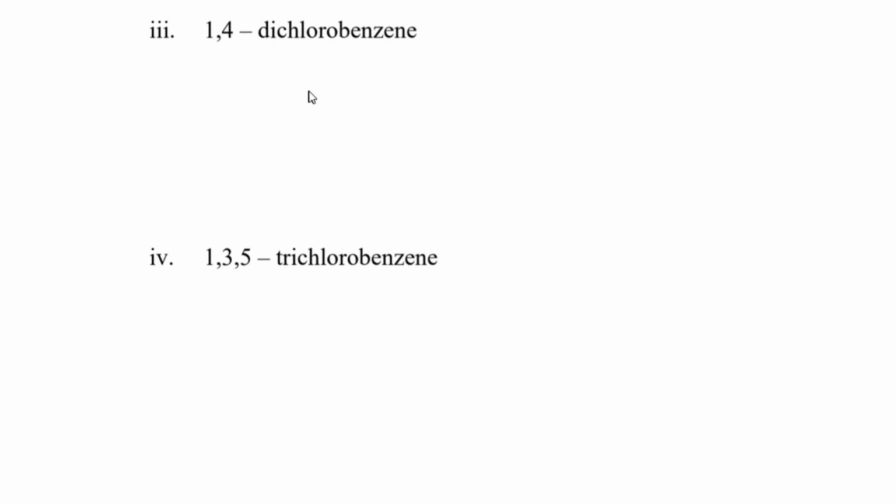Now looking at 1,4-dichlorobenzene. We have the benzene ring, right? We have 1 chloro and 4 chloro. Let's check for the principal axis. The principal axis is this point.